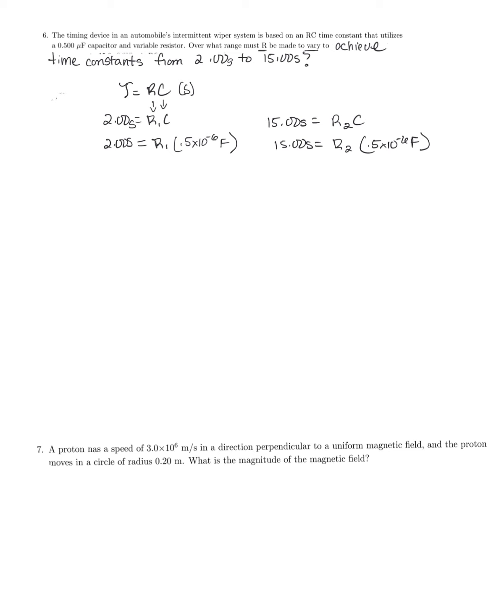All right, so we do that by dividing away the 0.5 times 10 to the negative 6 for each one. I'm going to do the same over here. Okay, and then we will put this in our calculator and get our answer.